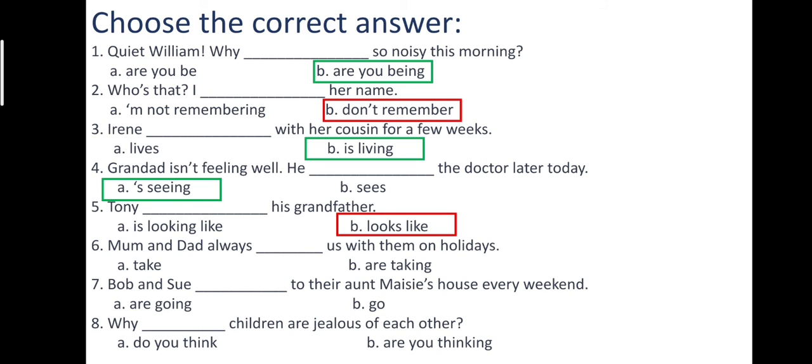So this is present simple because we have always. So this sentence refers to a repeated action. Seven. Bob and Sue go to their aunt Maisie's house every weekend. So this is present simple because we have a repeated action. So it's gonna be go.